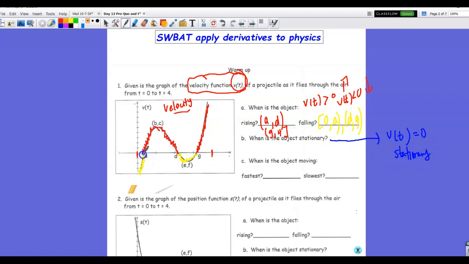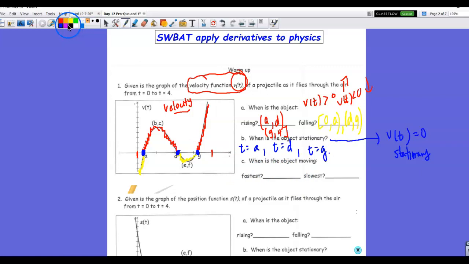So if this is a velocity graph, the velocity is 0 at a, velocity is 0 at d, velocity is 0 at g. So object stationary when t equals a, t equals d, and t equals g. That's when the object is stationary.